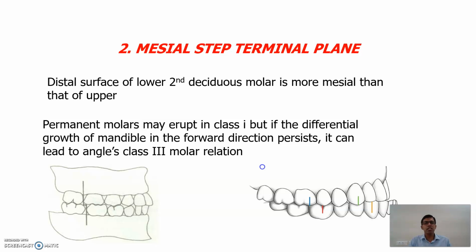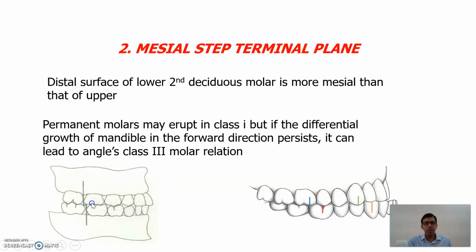The next terminal plane relationship is the mesial step terminal plane relationship. Here, the distal surface of the lower deciduous second molar is more mesial than that of the upper deciduous second molar. The permanent molar may erupt in a class 1 relationship, but if differential growth of the mandible occurs in a forward direction, it will lead to a class 3 molar relationship of the permanent maxillary and mandibular first molars, as you see in this diagram.